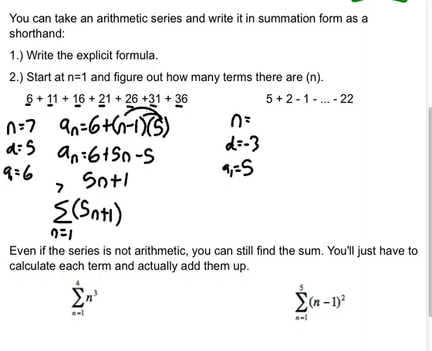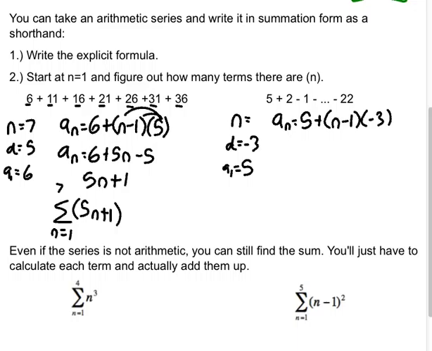So I do still have enough to calculate my explicit formula. So let's take a look at that explicit formula. A1 plus n minus 1 times negative 3.